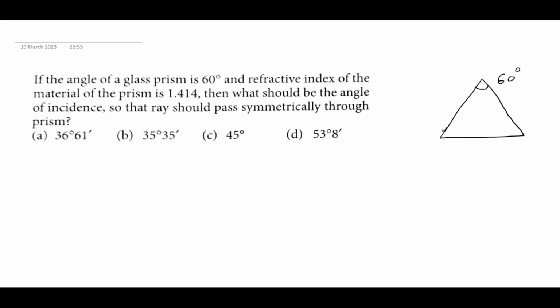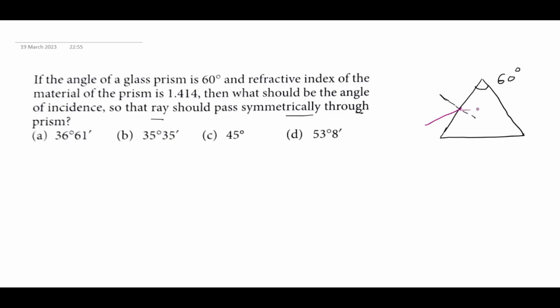Okay, now as it is given that the rays should pass symmetrically through the prism, that means here if I draw a normal, this is the normal, and the ray is passing like this.